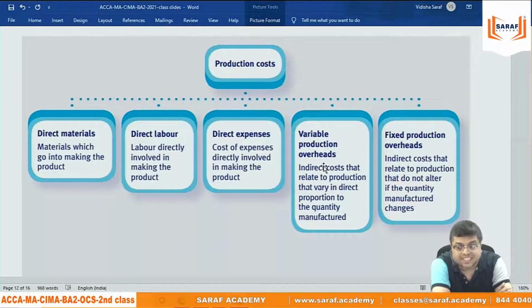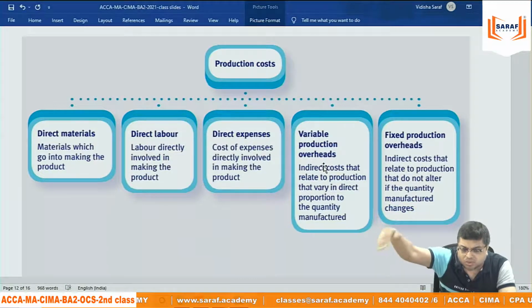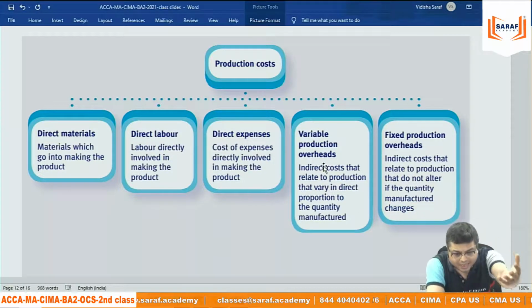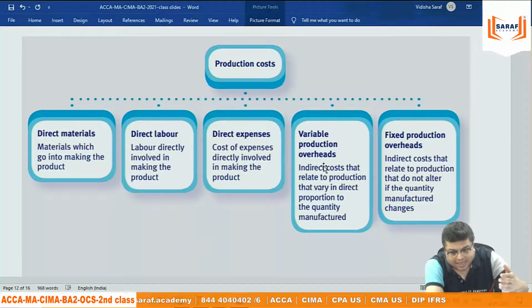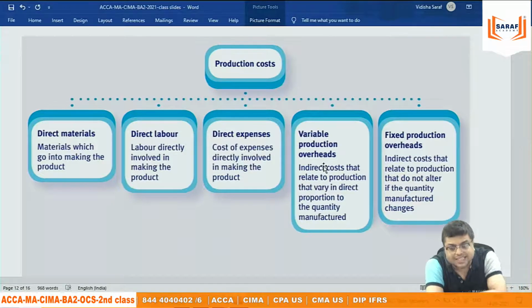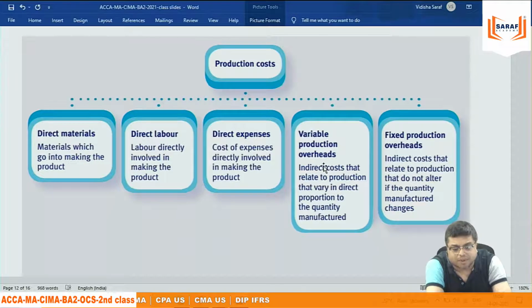Carriage outward is distribution, because carriage outward means you are distributing your finished goods to the customer. But carriage inward, purchase of raw material, you are bringing raw material through carriage, then it is material cost. It is direct material cost. You can say it is a direct expense, but it is direct material cost.